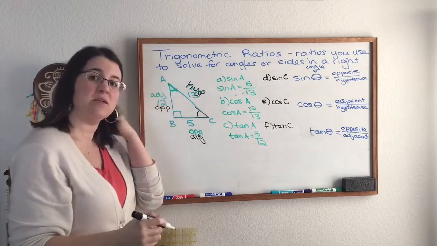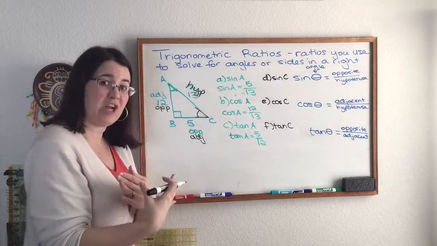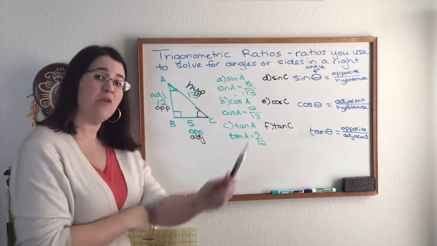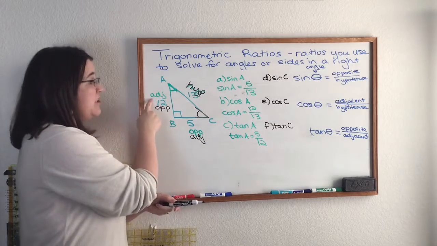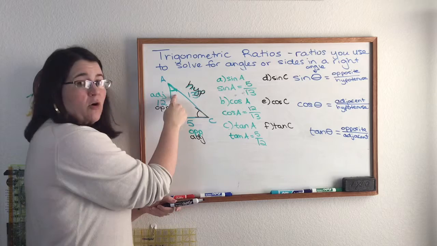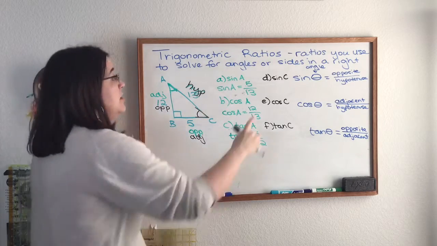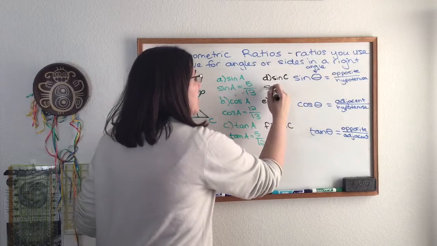So when you change angles, the opposite and the adjacent will exchange. You need to be careful because just because I have this labeled adjacent here doesn't mean it's always adjacent. It's adjacent to this angle, and it's opposite to this angle.